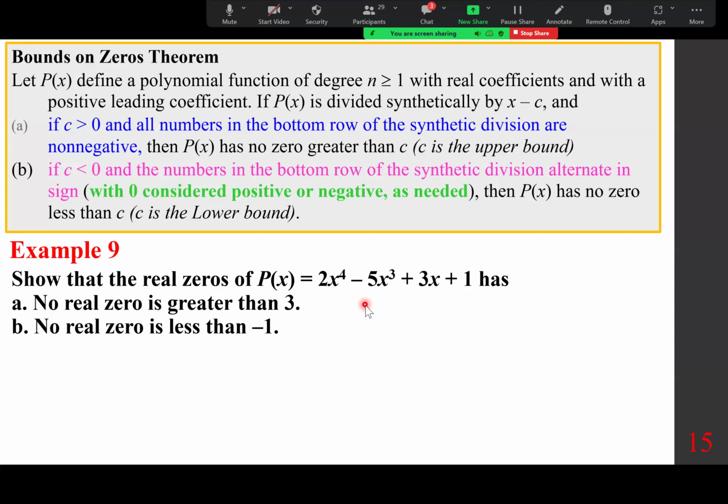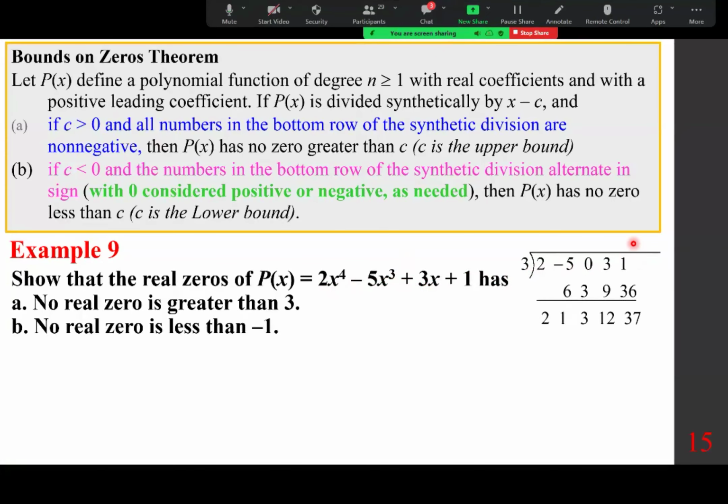So we do synthetic division with respect to number 3. Notice what happens. We are going to go through the process. We put 2, -5, x squared is missing. We put 0, 3, and 1.